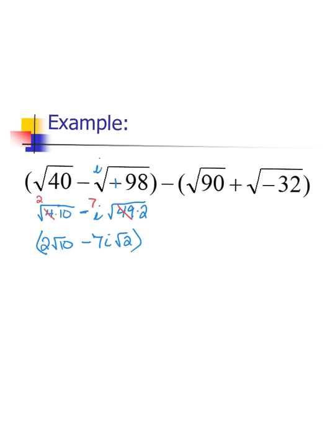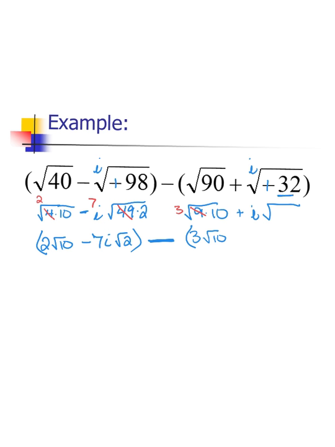Notice there is a minus sign here, so we're going to subtract. Now if I look at the 90, I'm going to pick 9 times 10. The square root of 9 is 3. So this becomes 3 radical 10. Now if I look at the negative 32, the negative tells me I put an i.